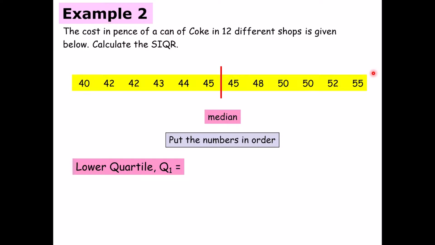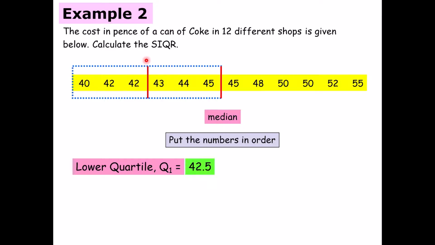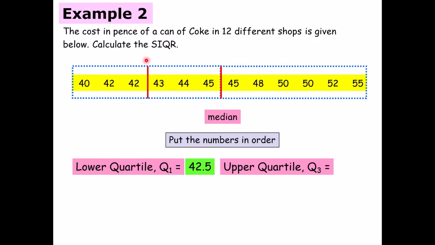And our lower quartile, so 1, 2, 3, 4, 5, 6, because it's an even number, it's going to be somewhere in between 42 and 43, directly in the middle, which gives us 42.5. And then our upper quartile, quartile 3, in the middle, 50 and 50, to give us 50.